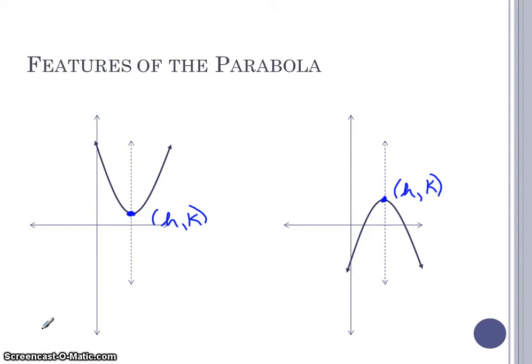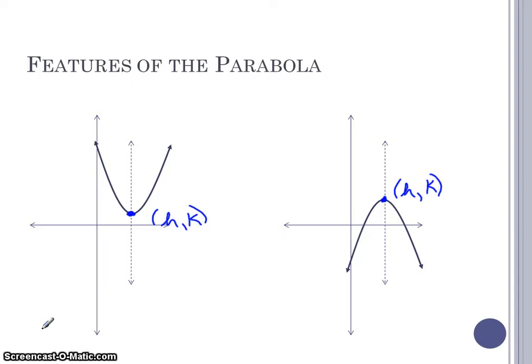All right, so that vertex, we're going to give it the ordered pair (h, k) because we're going to see the standard form equation in a minute, and that's the ordered pair for our vertex. There's something else that's really special about it. We've got that dashed line going through the vertex. What's that called? The axis of symmetry.